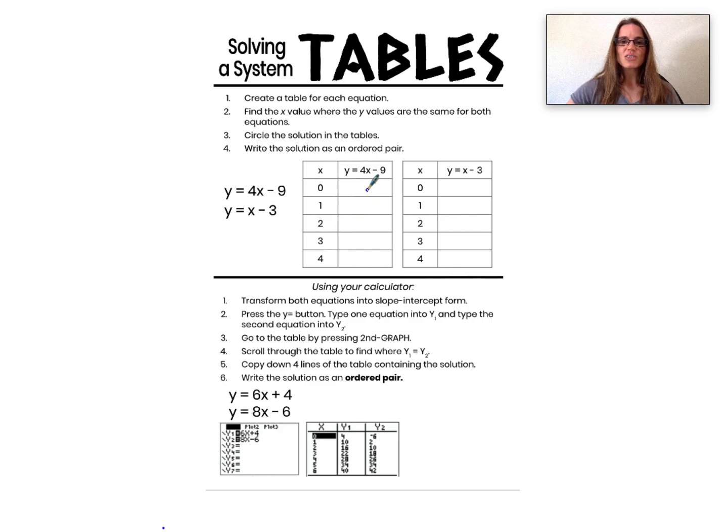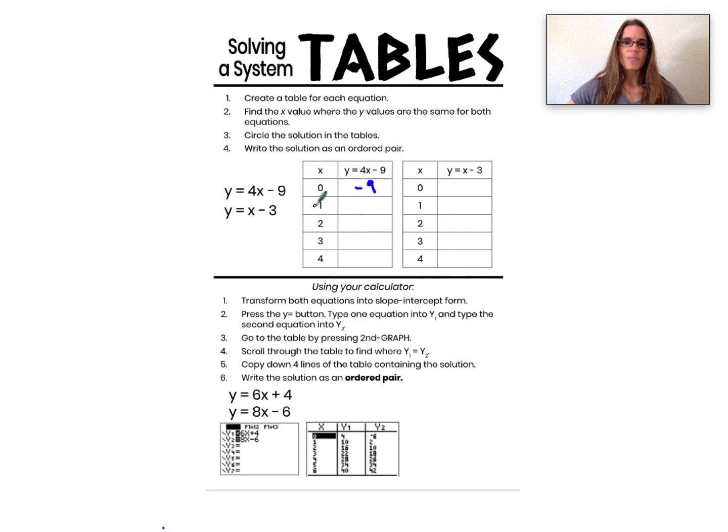However, since both of these equations are linear, we know a faster way to make a table from the equation, using the start value and the rate of change. The start value of this equation is negative 9, and that means when x is 0, y is negative 9. The rate of change of this equation is 4.